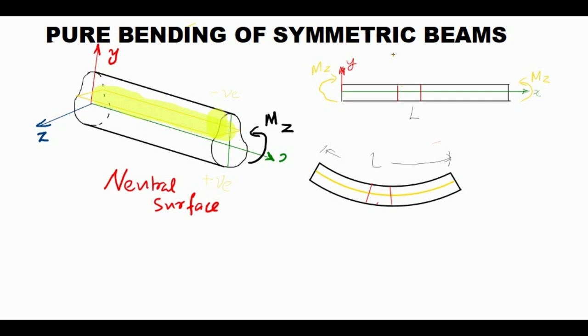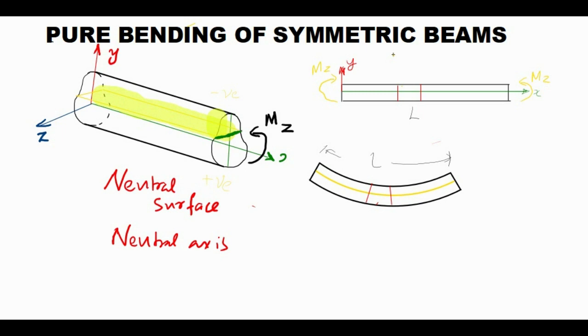Now we have to study one more term, that is neutral axis. What is neutral axis? Neutral axis is the intersection of this neutral surface with the cross section of the beam. So this will be a straight line.